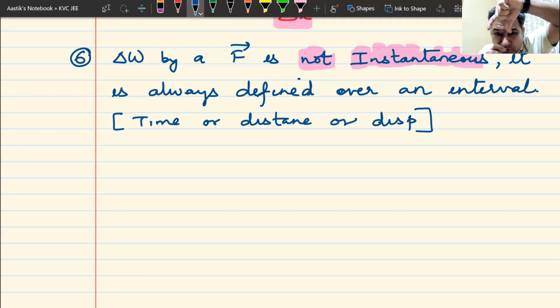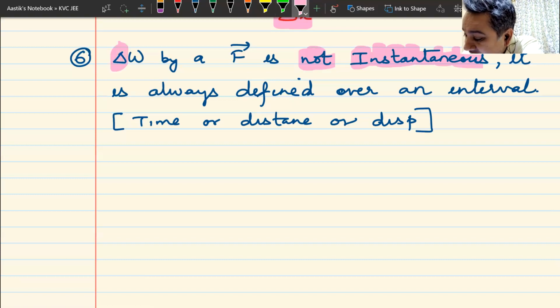You must have two points. Between these 2 points, you can find out the work done. Between 1 second to 5 seconds, between 0 to 5, you can find out the work done over a time interval or over an interval of displacement or distance. You cannot find out instantaneous work done. And that is the reason that I have used this delta symbol with work done.